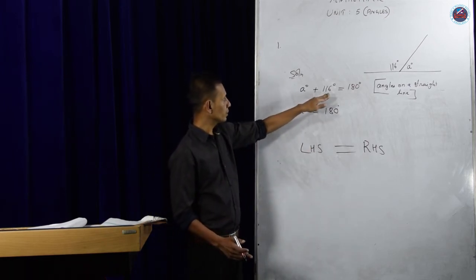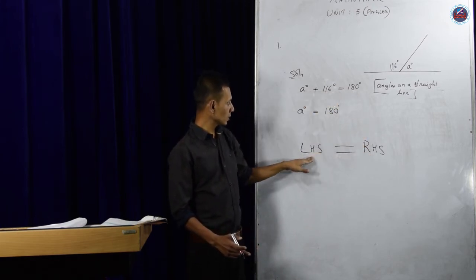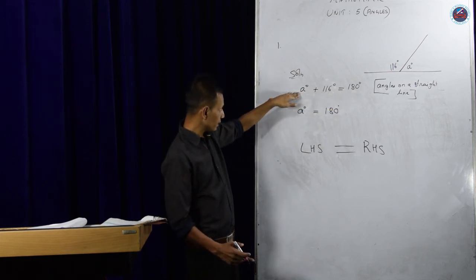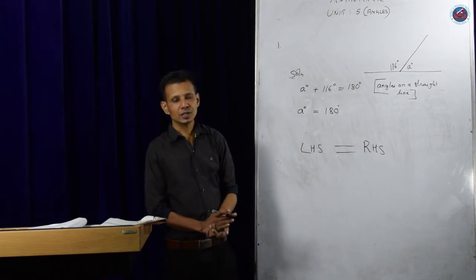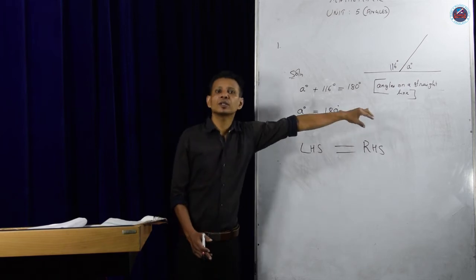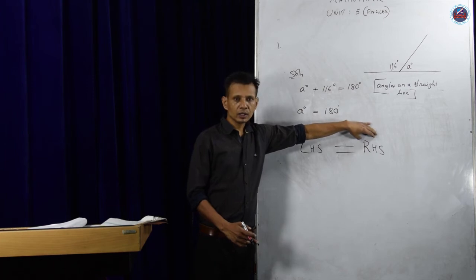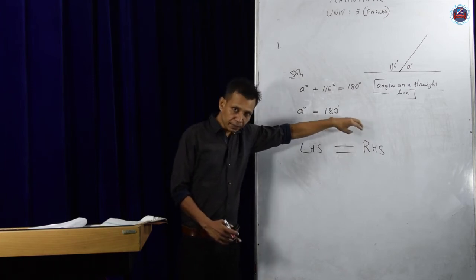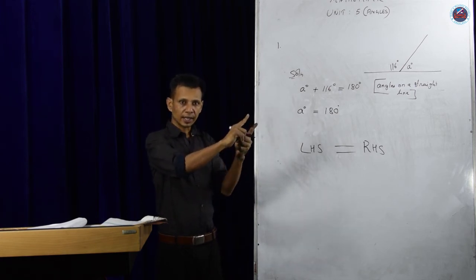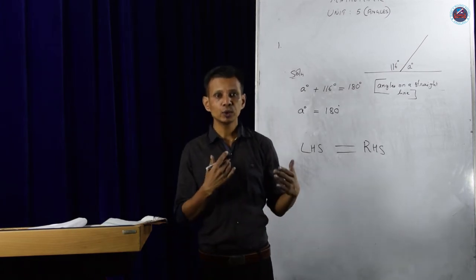So when you look here, 180 is on the right hand side and 116 is on the left hand side. By the equal sign I come to know, right? Now there is one rule. Whatever is on the left hand side, I can take to the right hand side. And whatever is on the right hand side, I can bring to the left hand side also. But something happens when we do that.